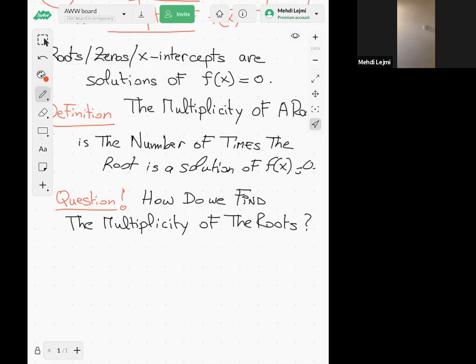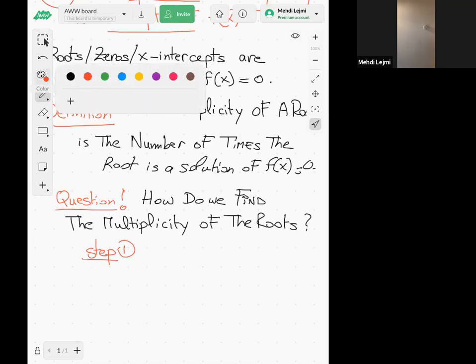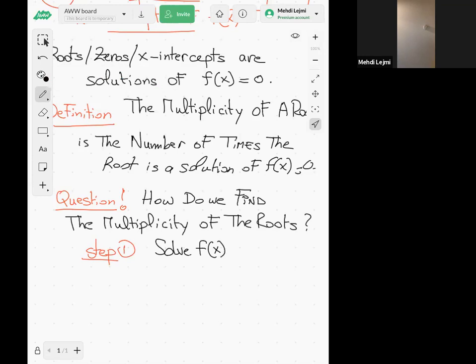Step one, you have to solve f of x equal to 0 to find the roots. First you have to find the roots.